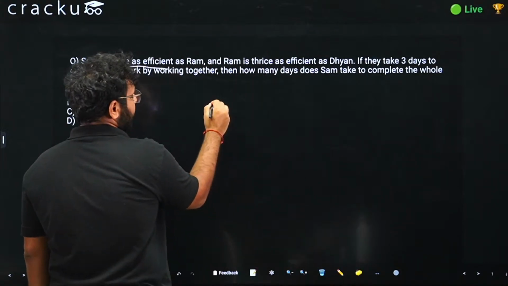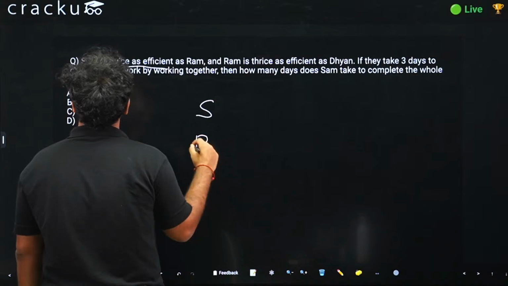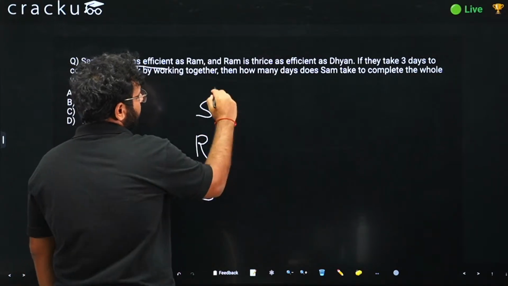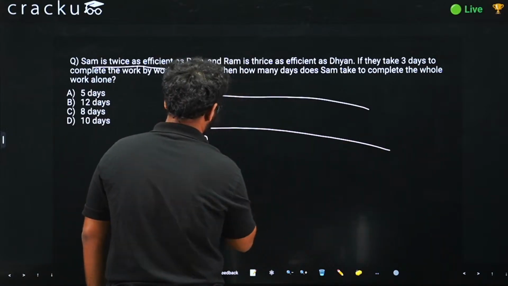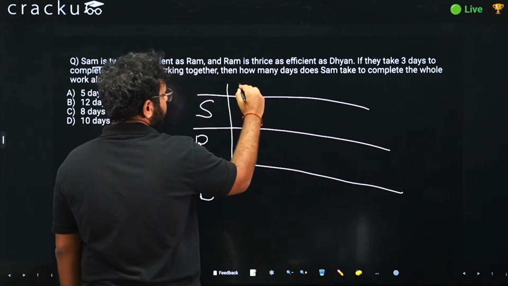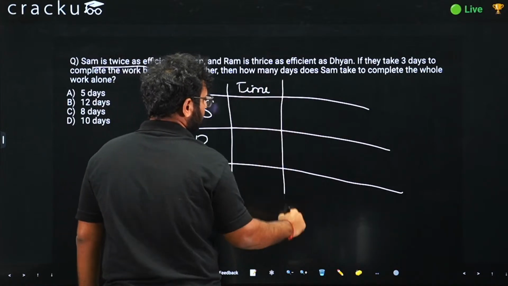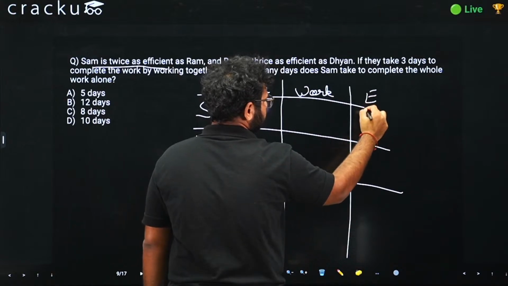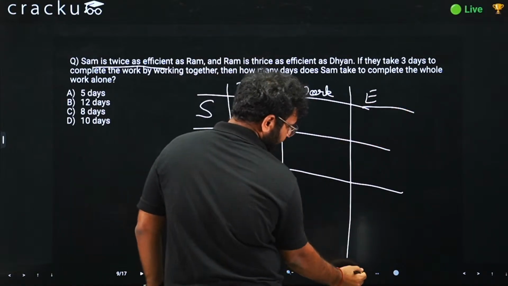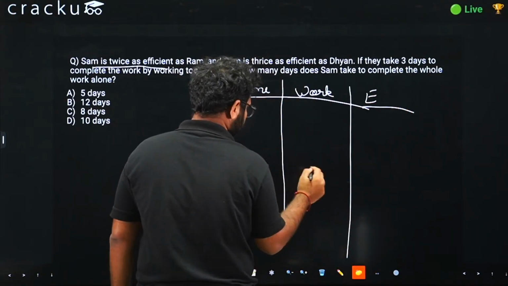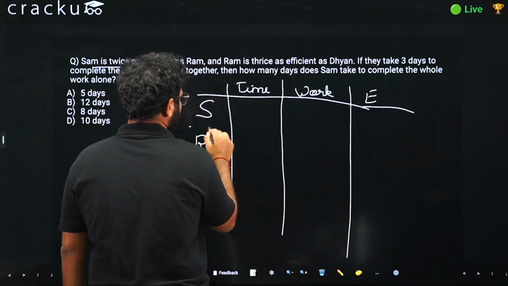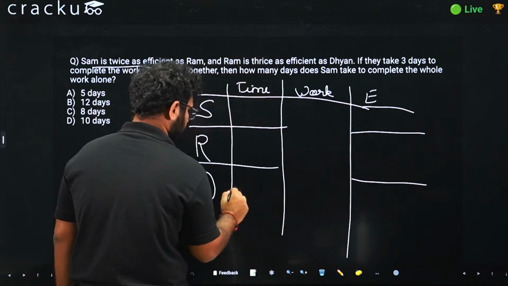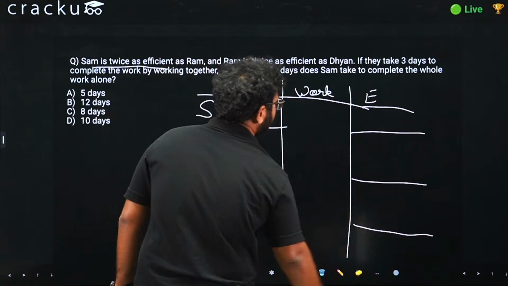Let us write all the names: Sam, Ram and Dhyan, so S, R, D. Now this is the time taken by them, this is work, and this is efficiency. Work is the same for them.